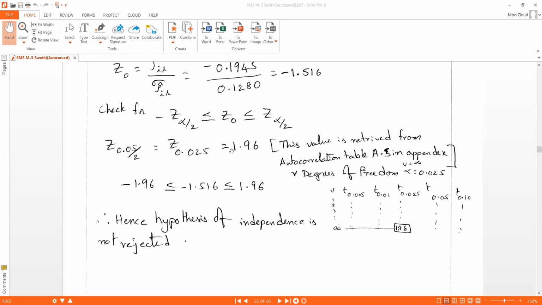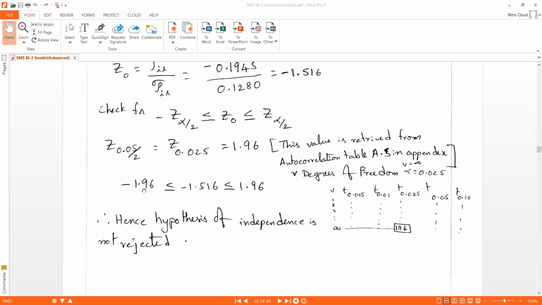Okay, Z alpha by 2 value we will get 1.96, and usually in the question itself they will mention this Z alpha by 2 value. Okay, in the question they will give this Z alpha by 2 value, that is 1.96. So our Z naught value should be less than the plus Z alpha by 2 value and greater than the minus Z alpha by 2 value. Okay, Z alpha by 2 value is 1.96.